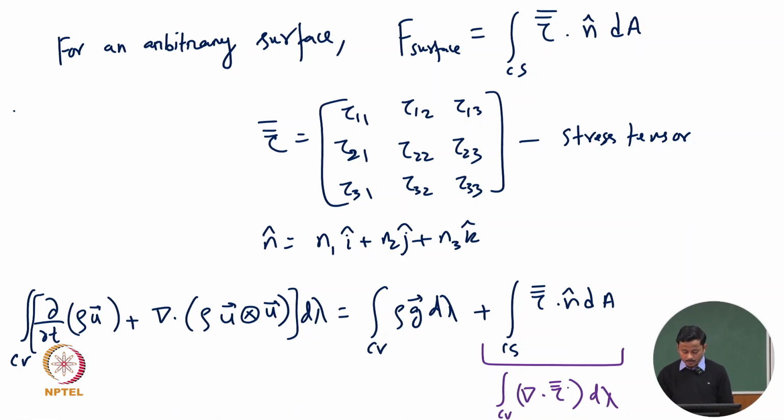This is the Gauss divergence theorem. I have applied this previously also, and I have applied it again, because I want to have now an integral in the control volume, so that I can club both of these terms on the right hand side together.